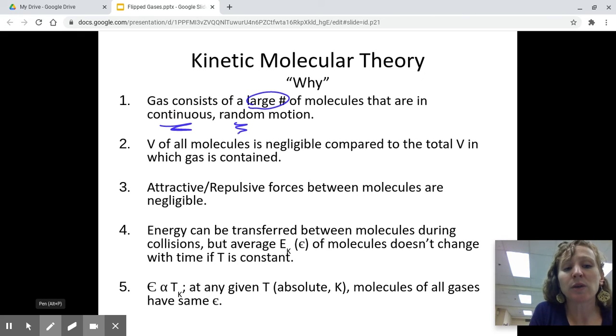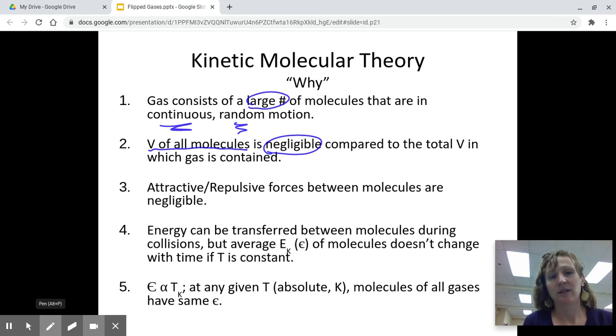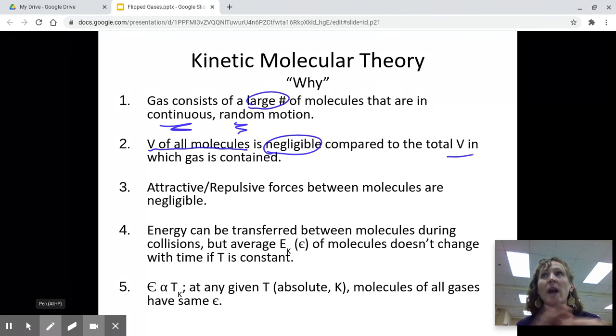Postulate number 2 is the volume of the molecules themselves, the protons, neutrons, and electrons that make up the molecules, is negligible compared to the space. We talked about this in the beginning of the chapter, but a lot of the properties of gases occur because the molecules are way too far apart.